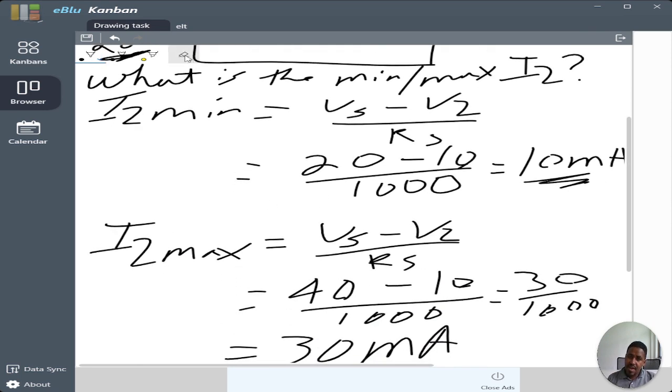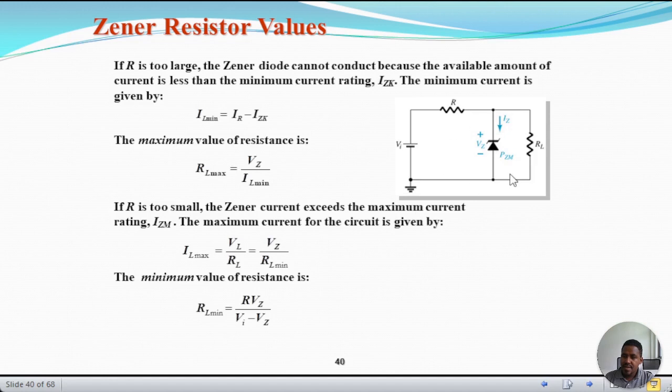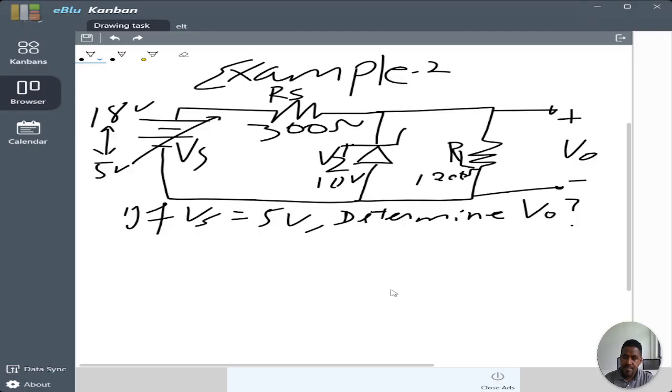Let's do another example, where the circuit looks like this. Our source is 5 volt up to 18 volt. This is our input source.